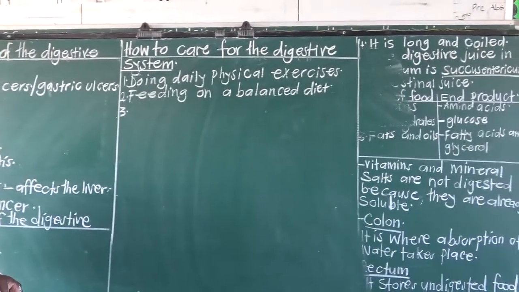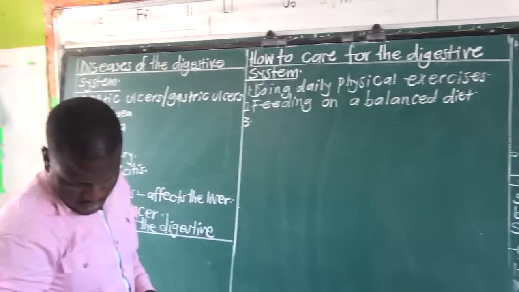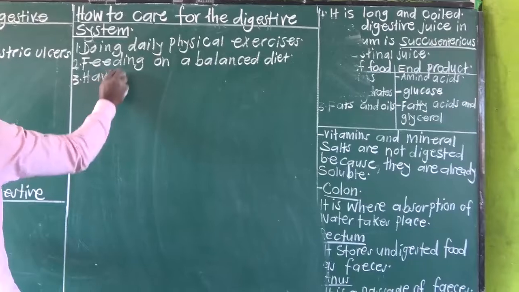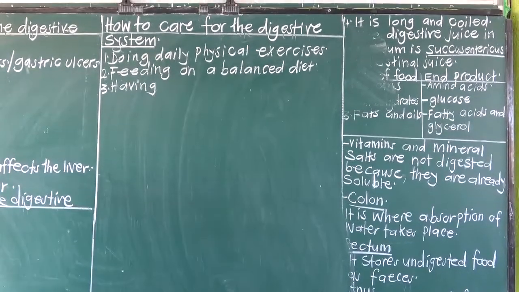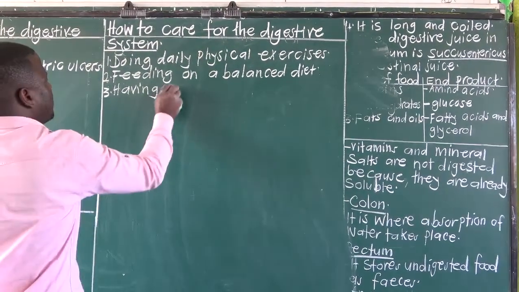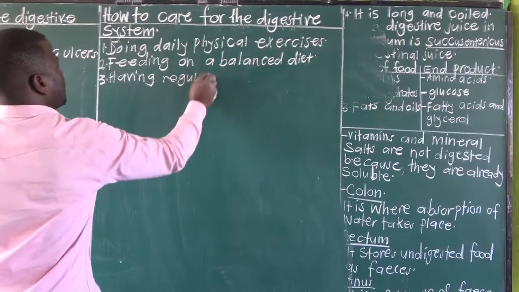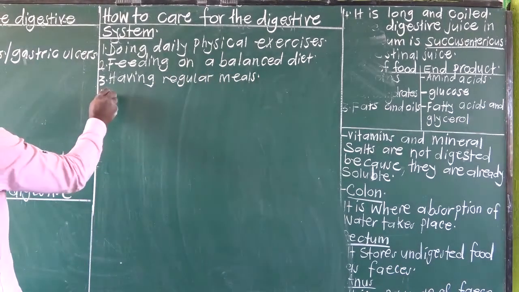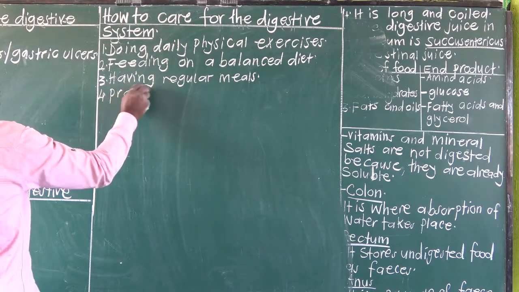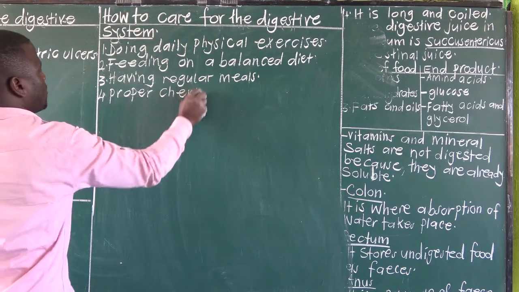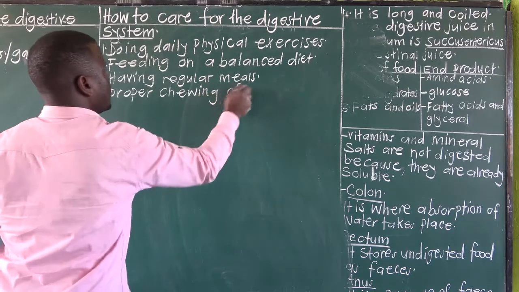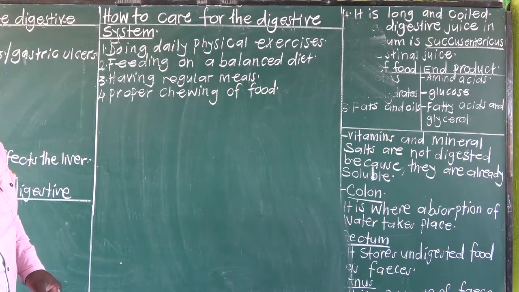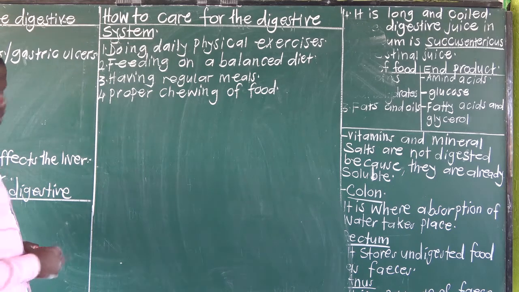Then number 3, having regular meals. This one can help you to avoid peptic ulcers or gastric ulcers. Then chewing food properly before swallowing. Proper chewing of food. Then drinking clean, safe water.